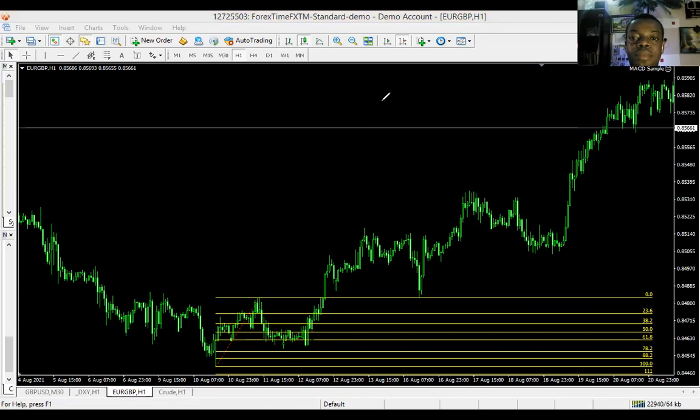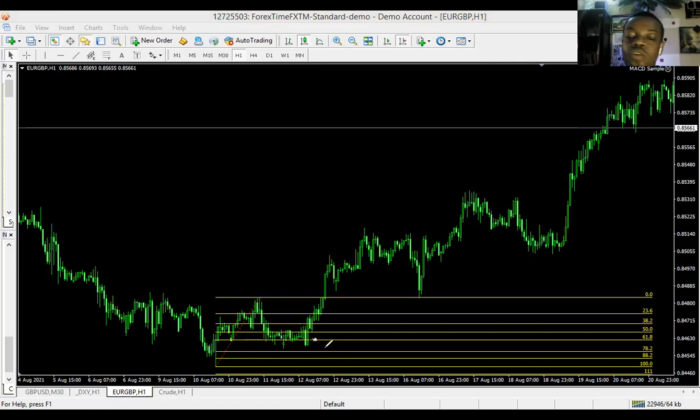This one is the last level of pullback. If the market pulls back to this level, 78.2 or 88.6, and once it gets to these two, it becomes a Fibonacci extension or a change of trend.